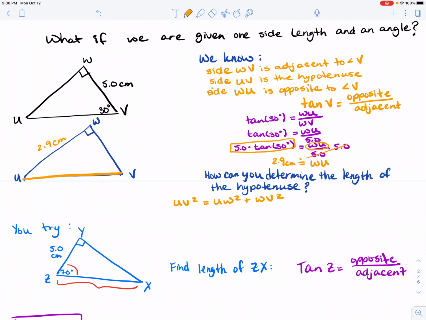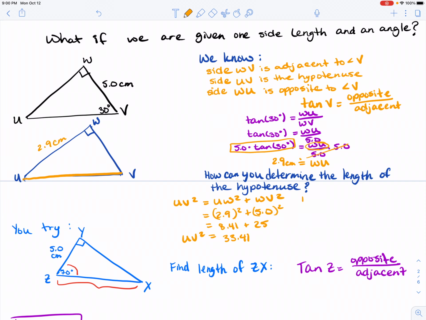So if I plug my numbers in, I know that UW is 2.9, and I take that squared plus VW, which is 5, squared. I'm going to come up with 8.41 plus 25, which is equal to 33.41. You might be saying, well, Miss Carla, I still only have UV squared.